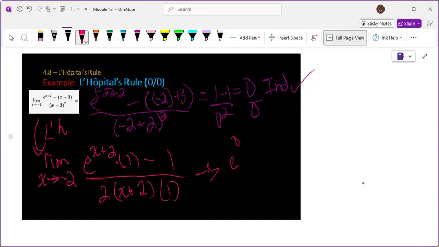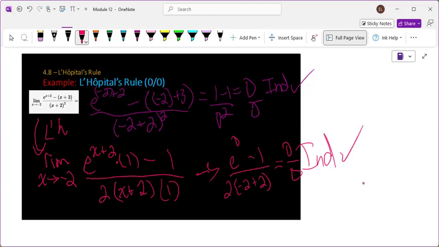We're gonna get e to the 0 again, -1. So we got 0/0 again. Still indeterminate, so we do the derivative again.